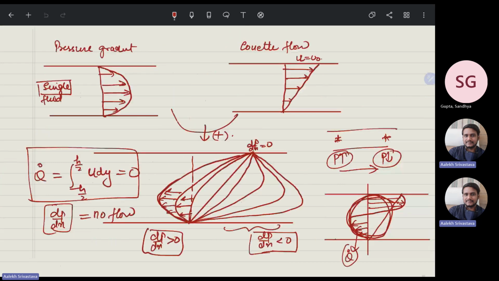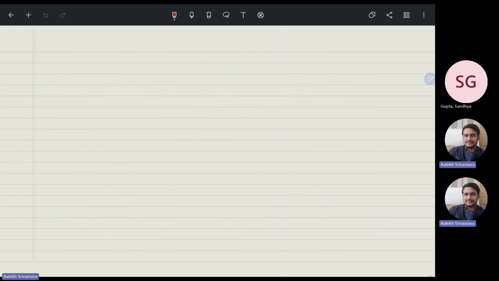Now, this is what is in a closed channel. Suppose what happens is, I would say you have a flow at this plane where a thin film of flow is happening, that is inclined, and everywhere P is P atmospheric, and this is at some angle theta, and you need to solve.